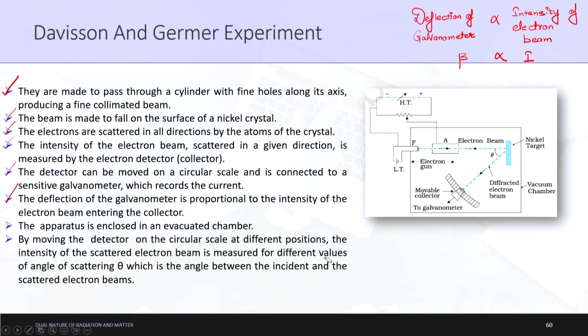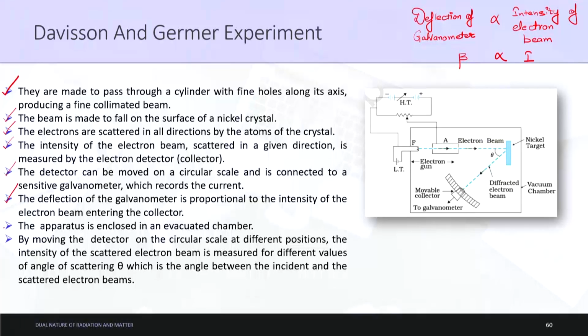One way of saying why it is in a vacuum chamber is that the leakage of electrons put out from the electron gun is reduced to a minimum, because there is no experiment till date in which we can get 100% efficiency. To increase our efficiency, we do the complete experiment in a vacuum chamber.